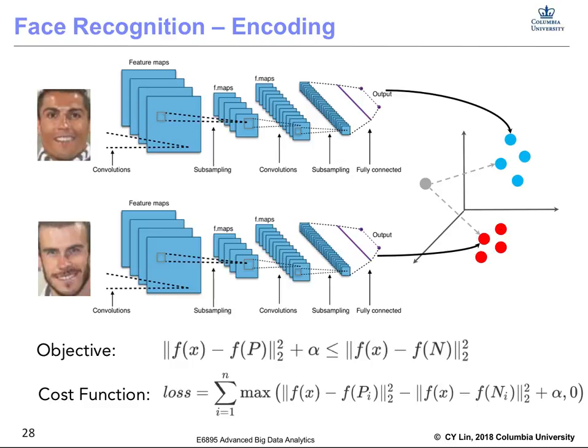We can input the image and use the vector of the last layer as a point in a high-dimensional space. And our objective is to minimize the distance between instances of the same group and maximize the distance between instances of different groups. So we can derive this cost function.